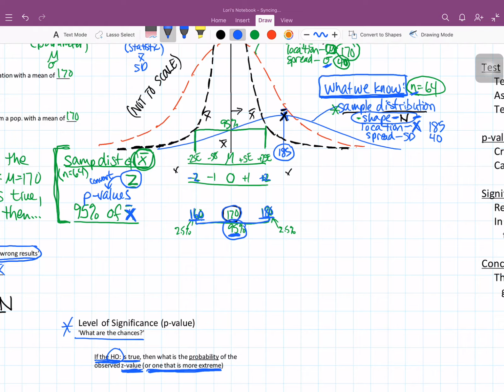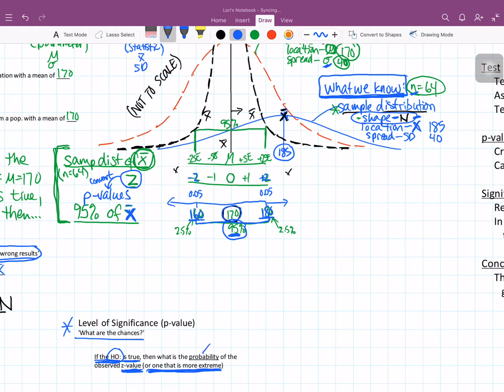And so we know that 95% is in here, and then 5% would be either outside, either above or below. And so to have one that's more extreme than 180 is actually a p-value of 0.05. And an x-bar that's less than -2 is also 0.05.